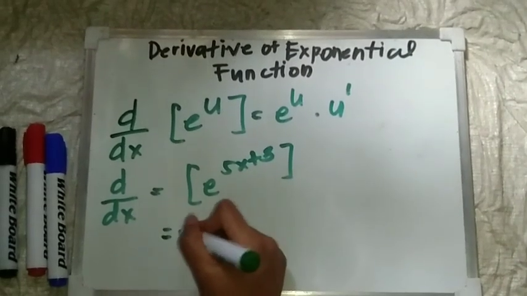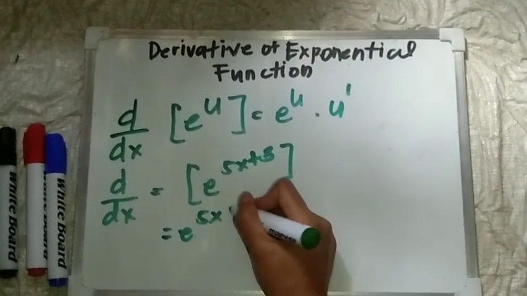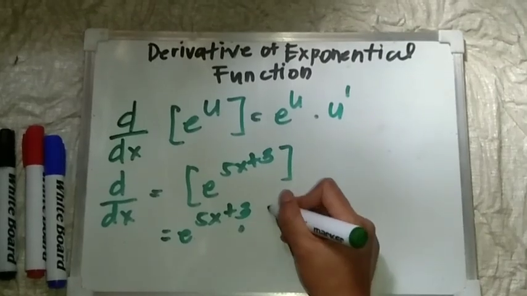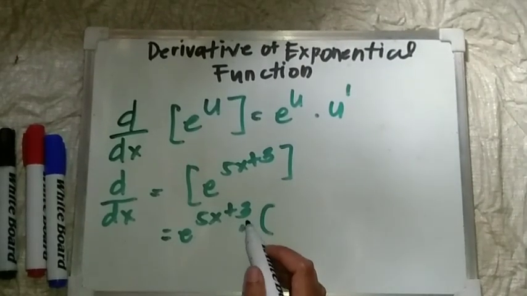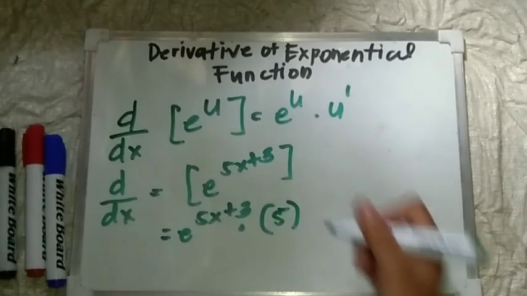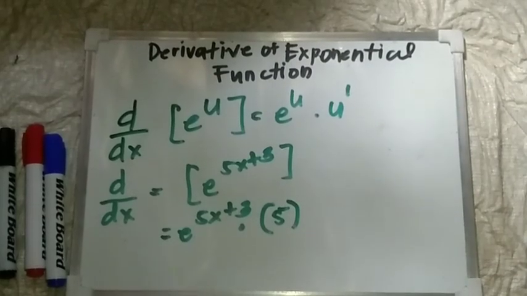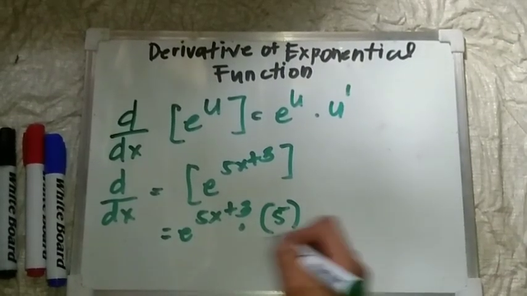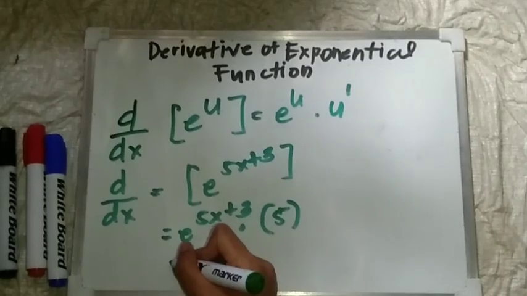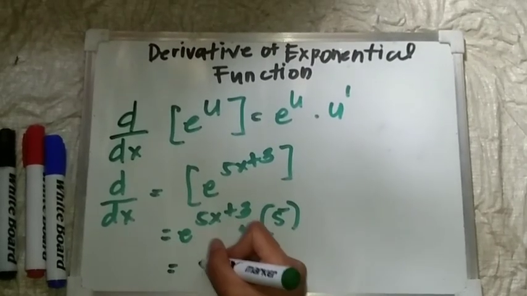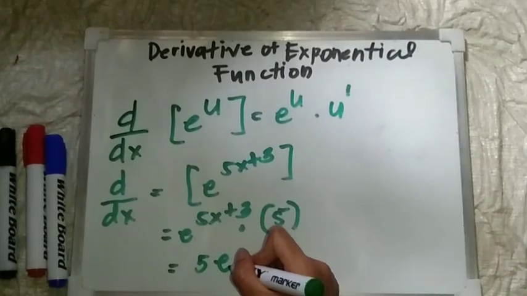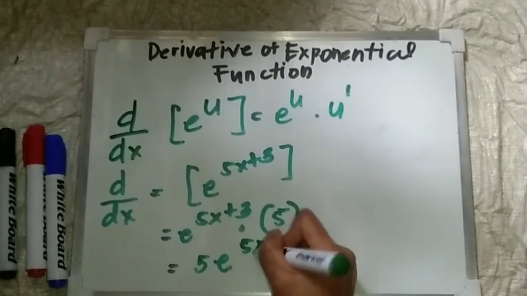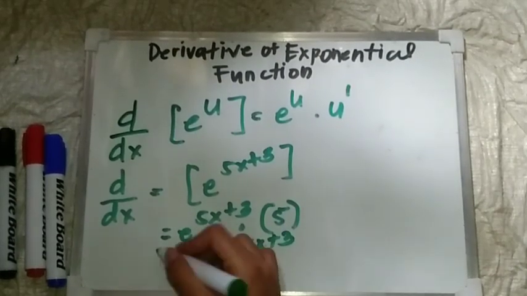So we have here e to the 5x plus 3 times the derivative of 5x plus 3, which is 5. So the answer would be 5e raised to the 5x plus 3. So this is our final answer.